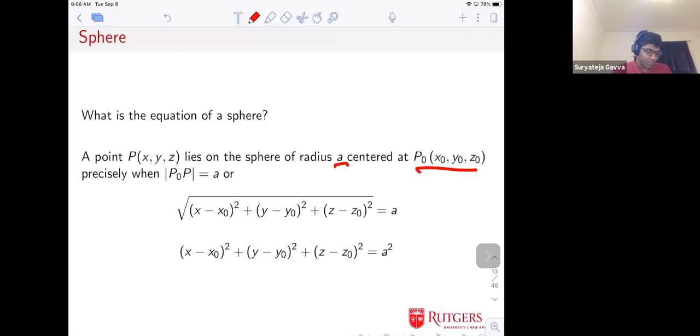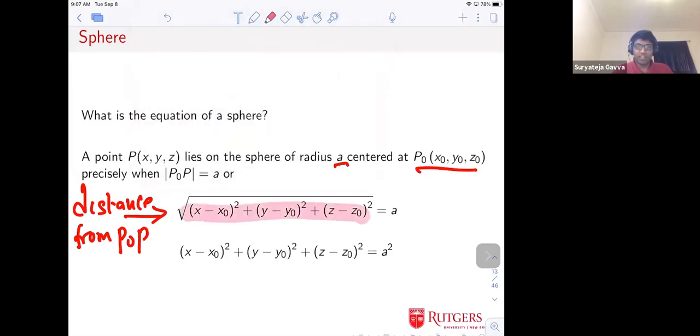We write whatever we said. The distance from the fixed point to an arbitrary point on the sphere is this expression: the square root of (x minus x0) squared plus (y minus y0) squared plus (z minus z0) squared, and it is exactly equal to A. So you write that equation.